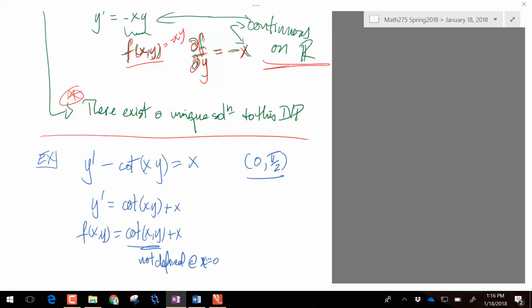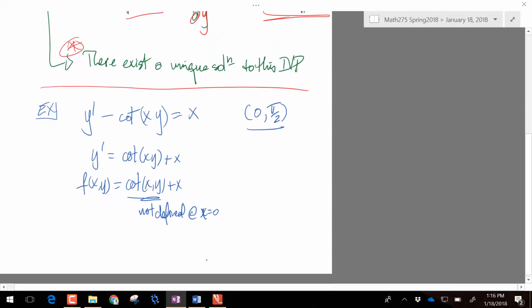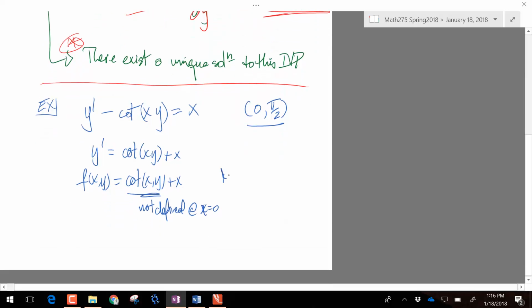It's definitely not continuous. It's not defined there, so it's definitely not continuous. Not continuous, or f of x,y not continuous. So if it doesn't satisfy the given parts of the theorem, then we can't make the conclusions.